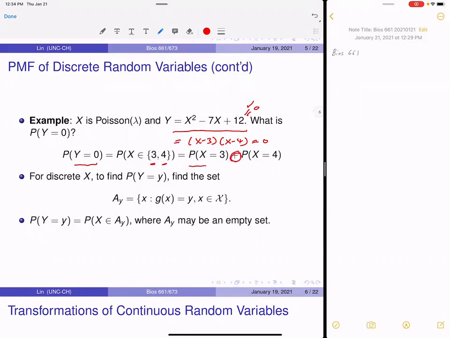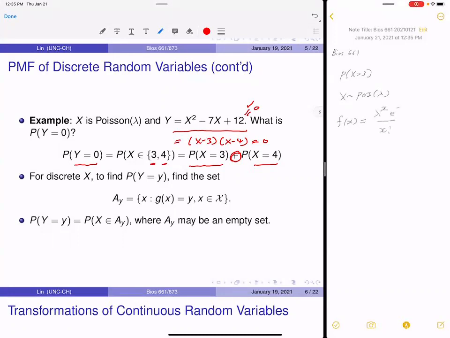I can calculate the probability of X equals 3 or X equals 4, which is nothing but calculating the probability of X equals 3 plus the probability of X equals 4. You know X follows Poisson lambda, and by the distribution table, the Poisson PMF is lambda to the x, e to the minus lambda, over x factorial.